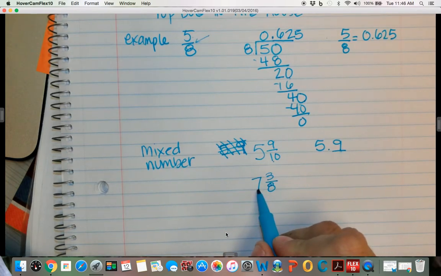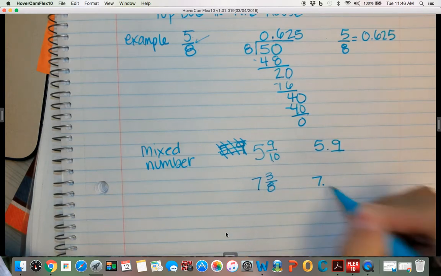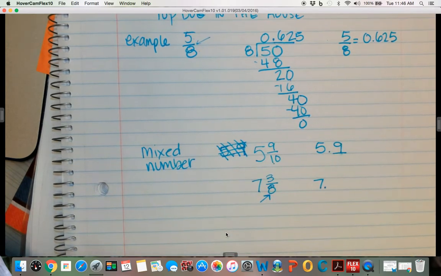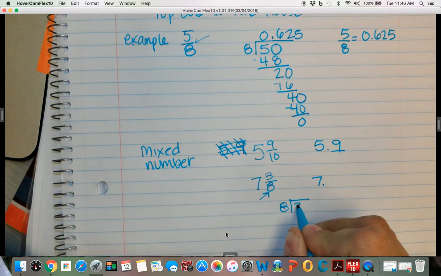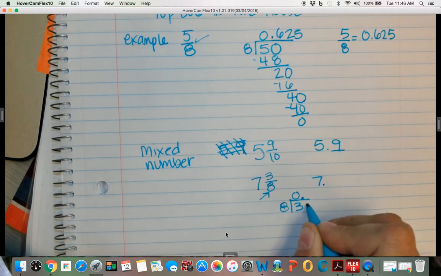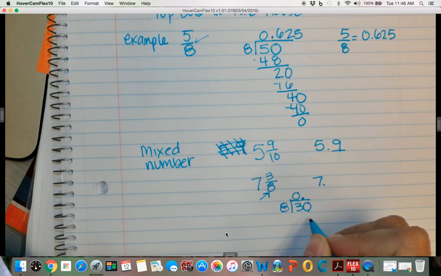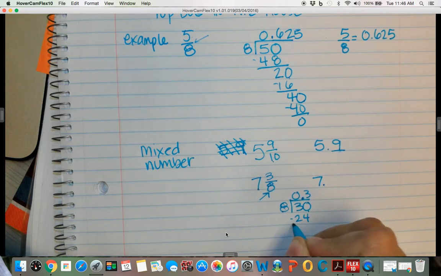So 7 is the place before the decimal, and then all we have left is to convert the 3/8. 8 doesn't go into 3, so I put my decimal and my 0. 8 goes into 30 three times, I get 24.